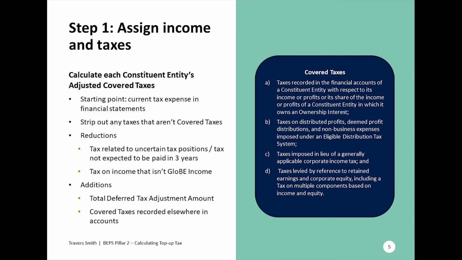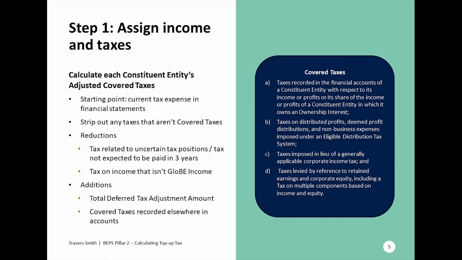The next step is to calculate each constituent entity's adjusted covered taxes. I've set the definition of covered taxes out to the right of the slide, but broadly you're looking for tax on income and profits. So the starting point in doing this calculation is the current tax expense in the financial statements. And the first thing to do is to strip out from that any taxes that aren't covered taxes.